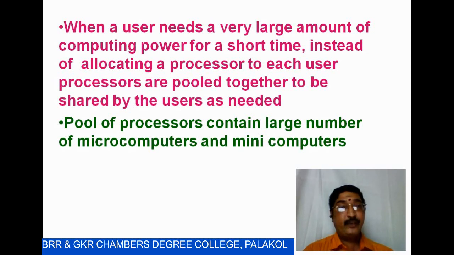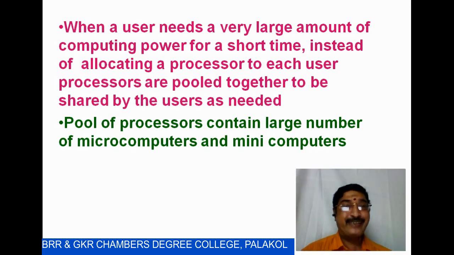So, if a particular user wants more computing power, that means he wants much more capacity of the system, and if the system is not available, in this case, a number of processors can be grouped as a single unit, and the capacity of all the processors can be merged, can be grouped as a pool, and that capacity can be used to complete a particular task.